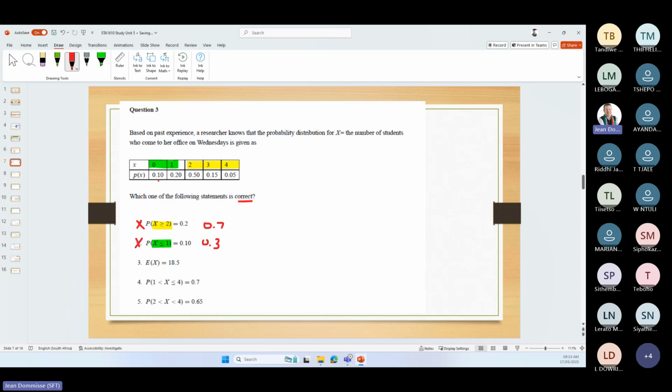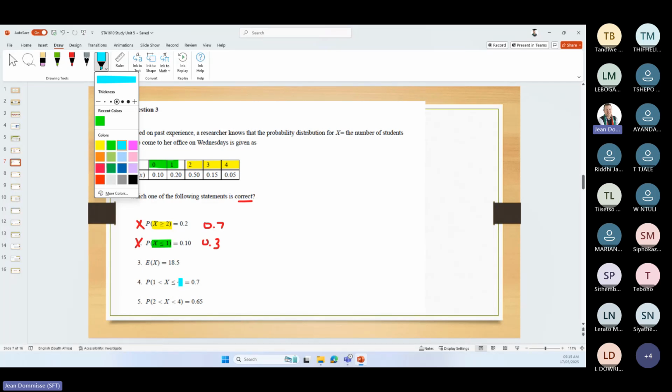Here, if it was smaller than 1, then it would have been 0.1, but it's smaller or equal to, so we need to include that option of 1 as well. Okay, let's skip option 3 for now.